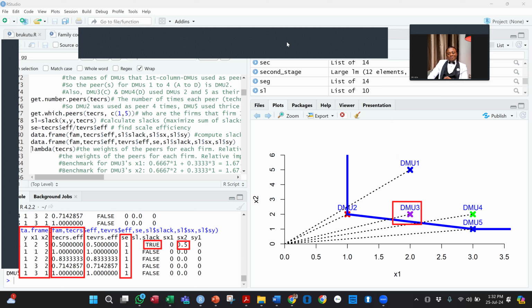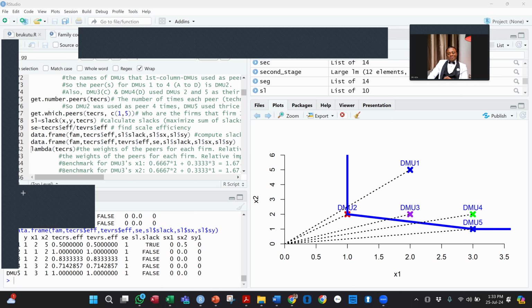They hit a section which is feasible and is efficient. They hit between 2 and 5, and everything between 2 and 5, there are no slacks there. So DMU4, there are no slacks. Even though these two are inefficient, they don't generate any slacks. And you can see that they are all false.